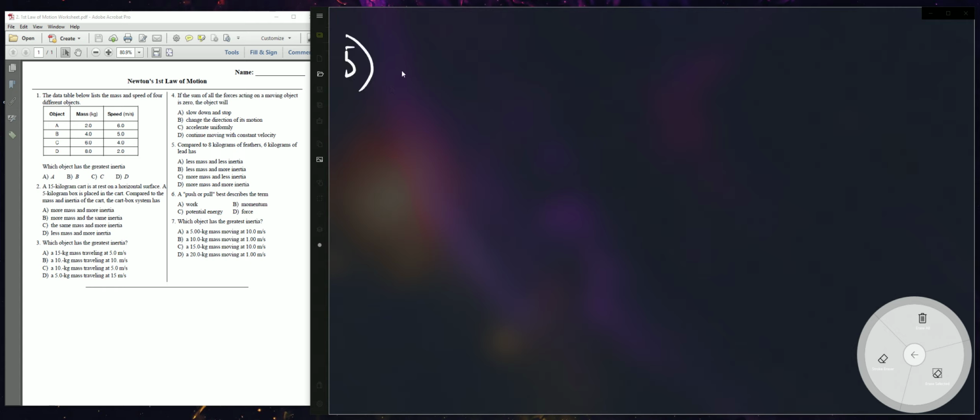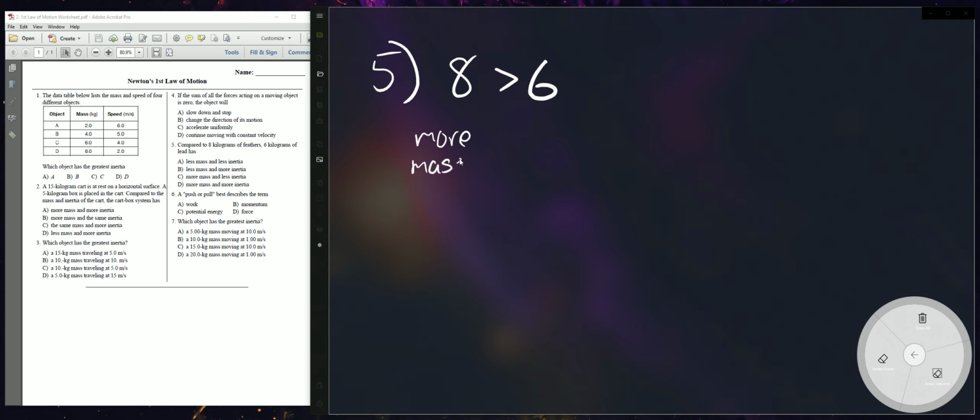So number 5, compared to 8 kilograms of feathers, 6 kilograms of lead has what? Well, 8 is greater than 6. So the feathers have more mass.